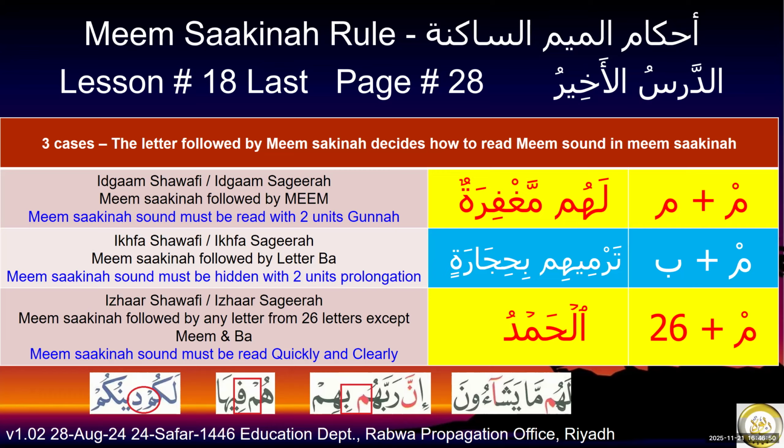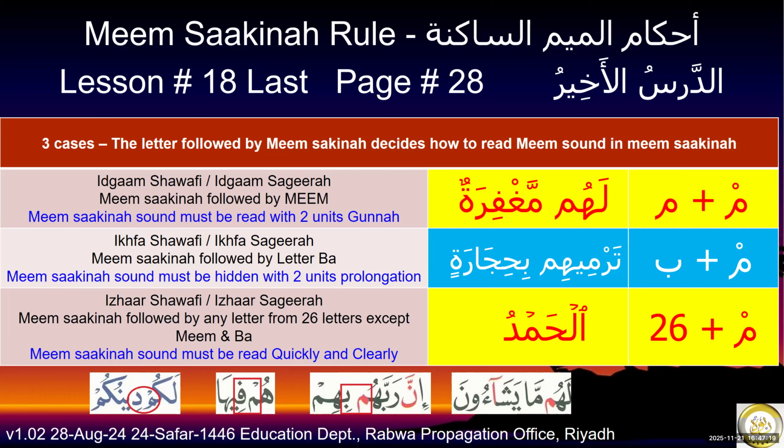Alhamdu. It's not like alhamdu, where you are joining the lips together and holding it. Don't hold it, don't prolong it, just quick and clear, the meem sound. Alhamdu, alhamdu, damdama, amrin, jam'an.